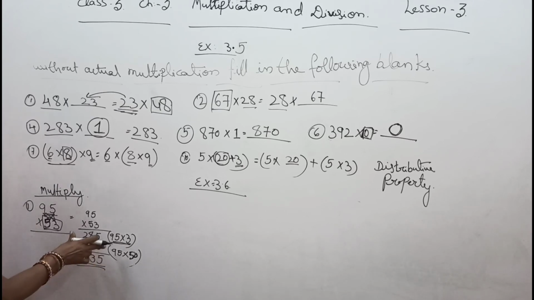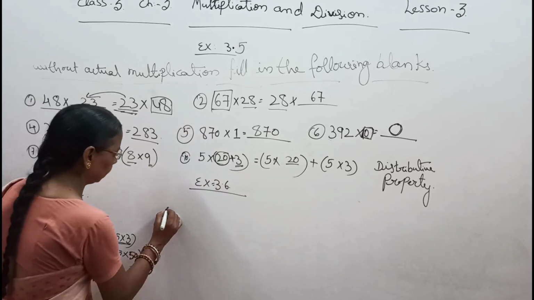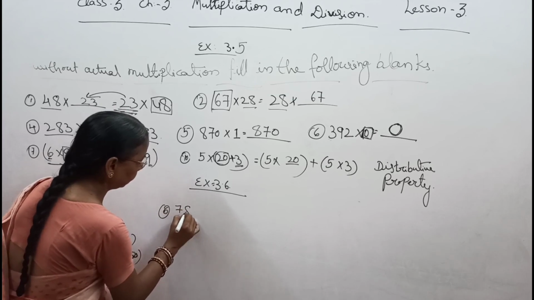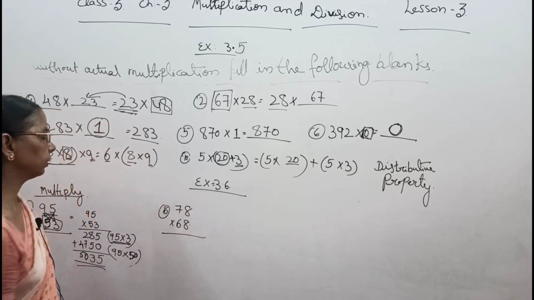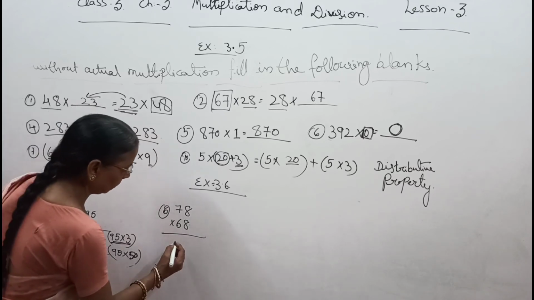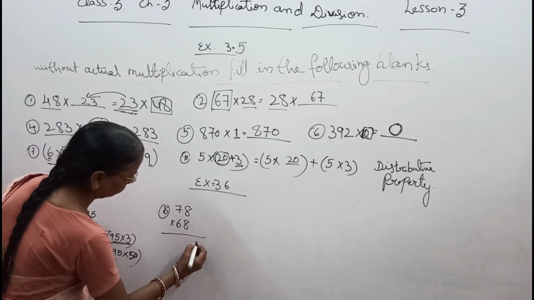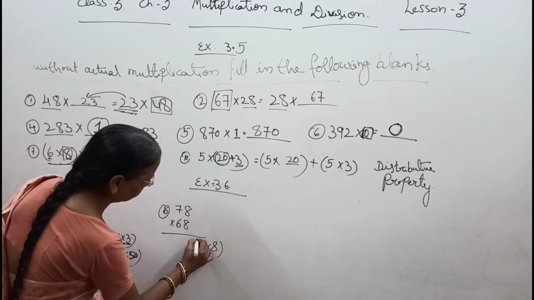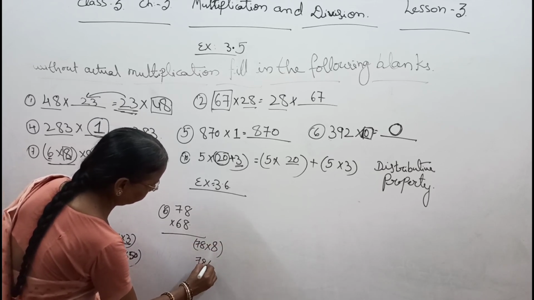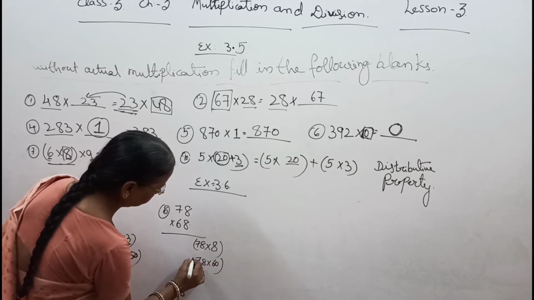Simply we multiply this, and the second one is 78 into 68. Sixth question, 78 into 68. Here again we have 2 digits. The first one is 78 into 8. Then the second one is 78 into 60.